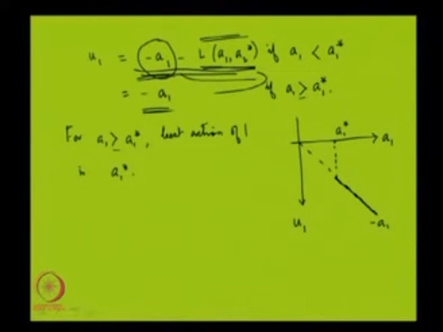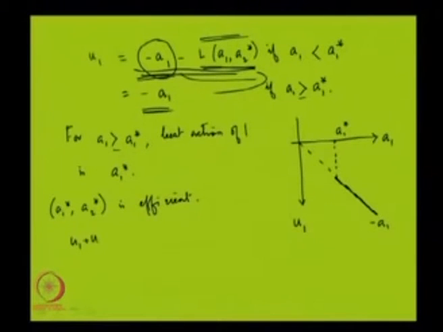Now, for this range, how do I find out at what level of A1 this is going to be maximized? To understand that, let us start from one basic principle, which is how A1 star and A2 star are defined. We have said that this is efficient. By that what one meant is that the combined payoff function of these two players, that is U1 plus U2, is being maximized at A1 star and A2 star. And what is the value of U1 plus U2?